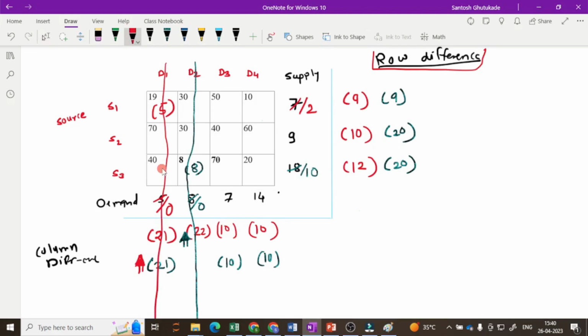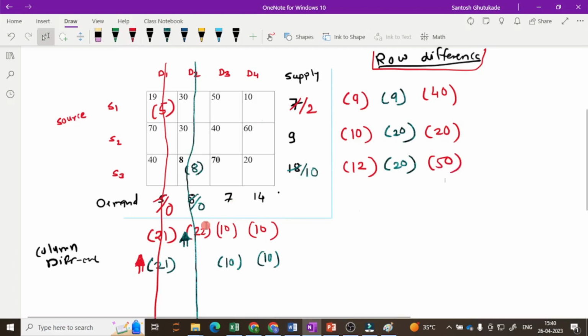Now in the remaining rows, the values 10 and 50 remain. So 10 is the minimum and 50 is the next minimum, so the penalty is 40. Then for the second row, 40 and 60, the penalty is 20. And for the third row, 20 and 70, the penalty is 50.